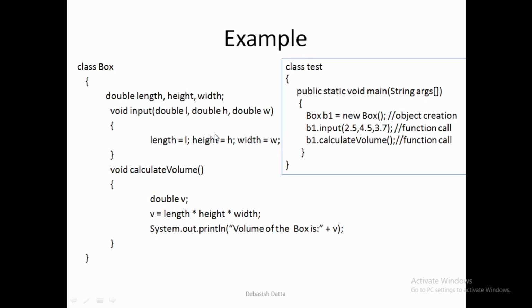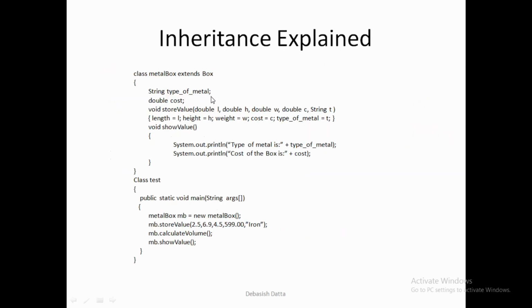As you can see here, this box class only contains length, height and width, but the metal box object contains length, height, width, cost and type of metal. These 5 values.